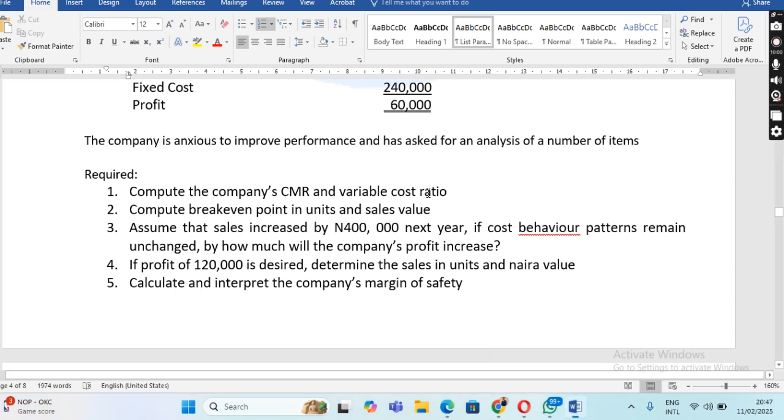Now, if that is established, this is the variable cost ratio, which is variable cost to sales ratio, because your variable cost changes with the level of sales. When you see a variable cost ratio, it is usually variable cost to sales; they will not put it like that. Why do we have to do the variable cost ratio? Because it varies with the volume of sales.